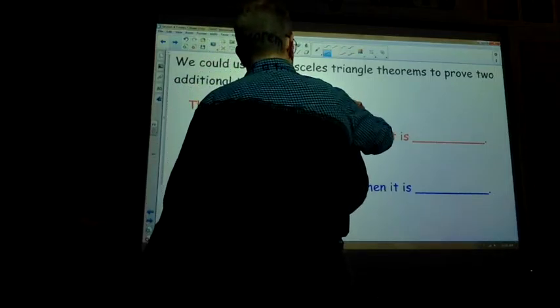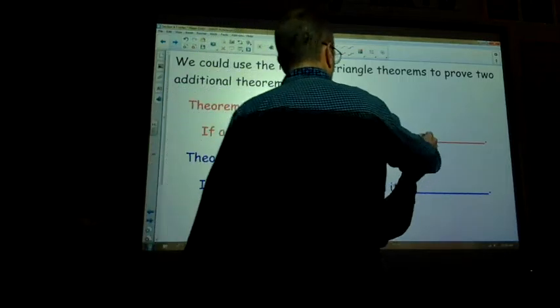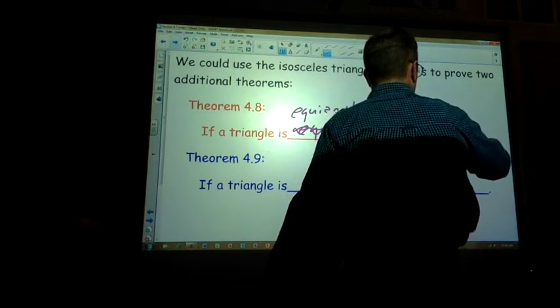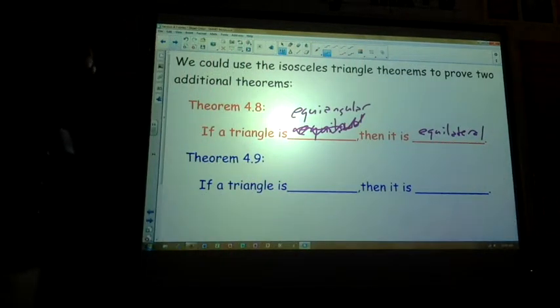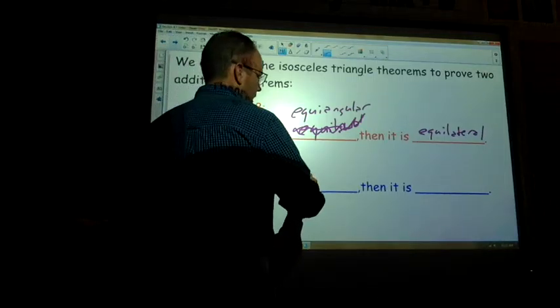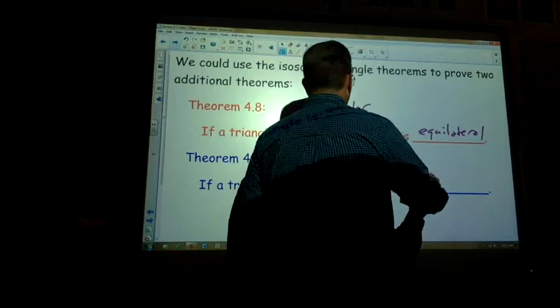Yeah, that's spelled right? If a triangle is equiangular, then it is equilateral. Yeah, like that. Then if a triangle is equilateral, then it is equiangular. All right, we can make that work.